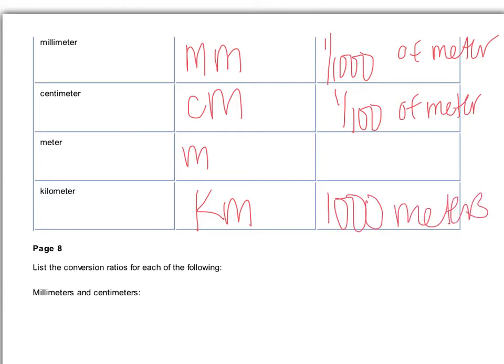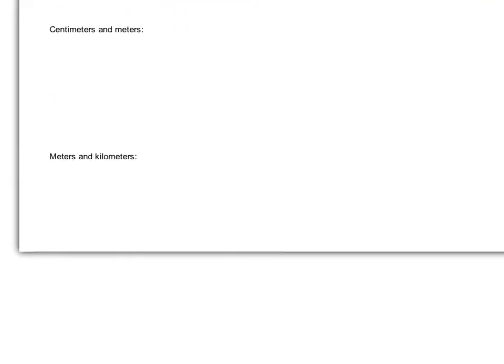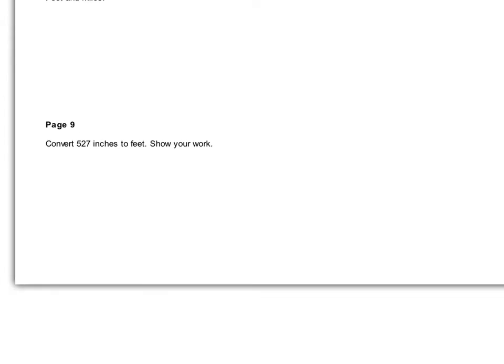I've given you the conversion ratios for everything. Something I would like you to write down on the next page is where it says convert 527 inches to feet. Remember, when you convert, you start with the number you're given, and then you multiply it by a fraction.